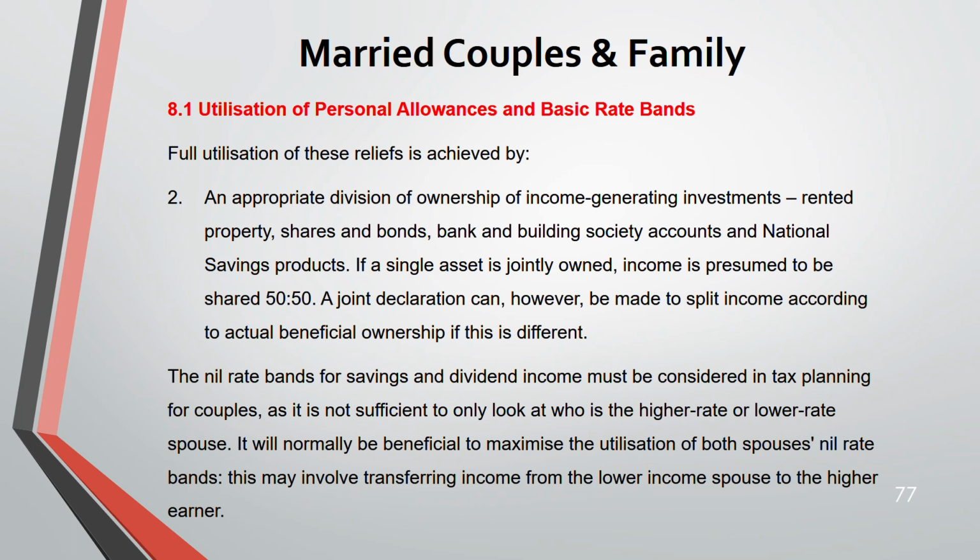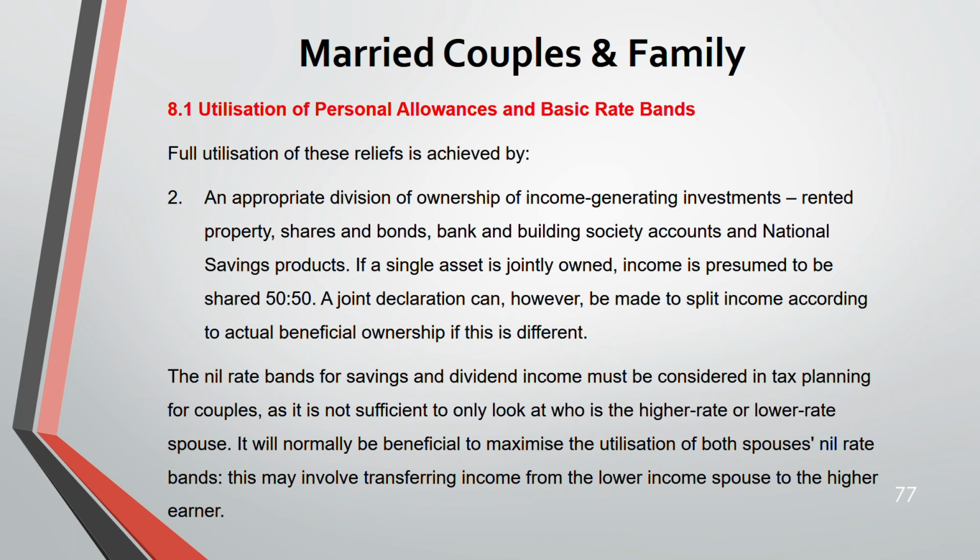It's not sufficient to look only at who is the higher or lower rate spouse, also the nil rate band, because one spouse might utilize it, the other spouse might not be utilizing it. So it's always beneficial to make sure that both spouses use their nil rate band to the maximum to bring down the tax to the lowest as a couple.